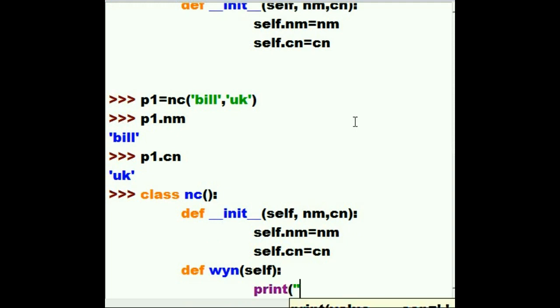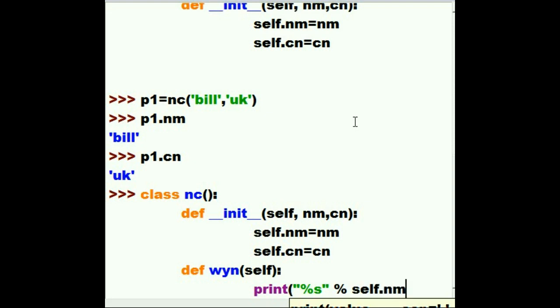quotes, %s, quotes. Now, in C language, you put a comma and then you put the name of the variable that'll substitute into that format specifier. But in Python, you put a % sign there. Percent self dot name.